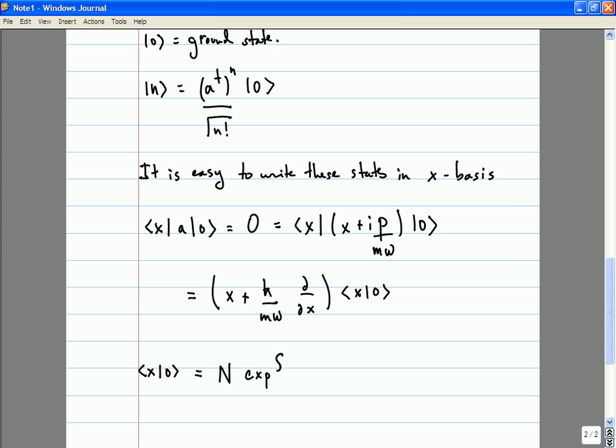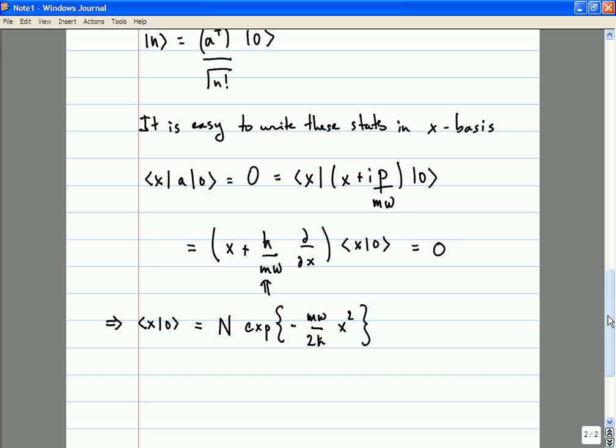In particular, let's just convince ourselves of that. If you took the derivative of that guy with respect to x, you would pull down a factor of minus x times m omega over 2 h bar times 2, because of the derivative of the x squared, which you can see would indeed be a solution of this differential equation.